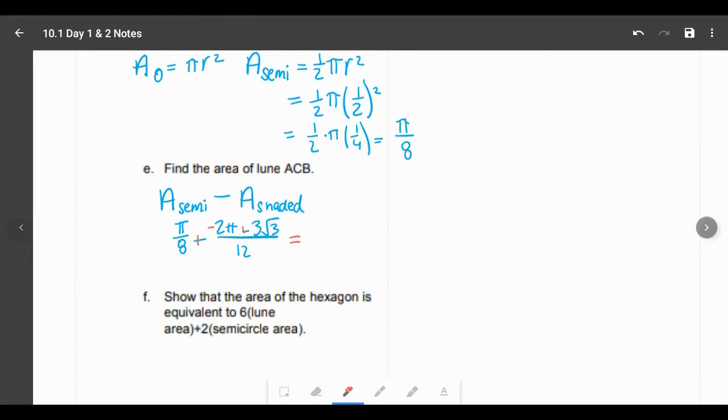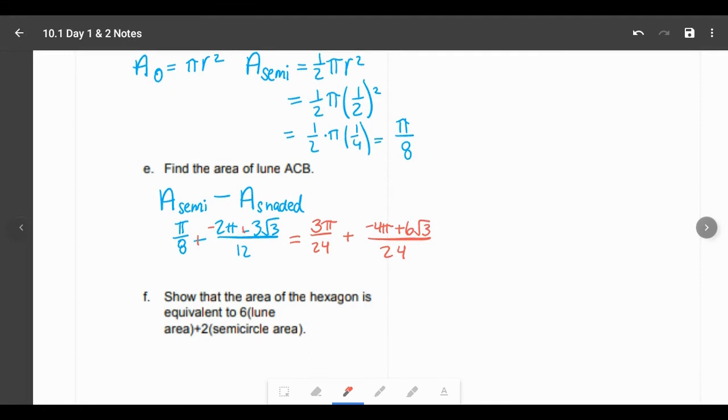So we should get 3 pi over 24 plus negative 4 pi plus 6 root 3 over 24.